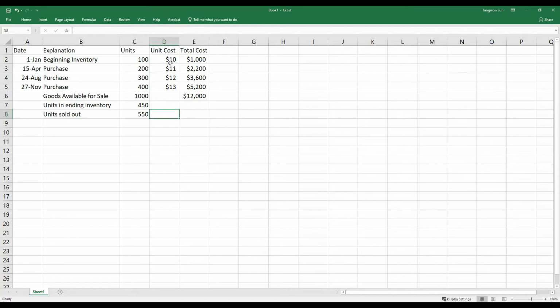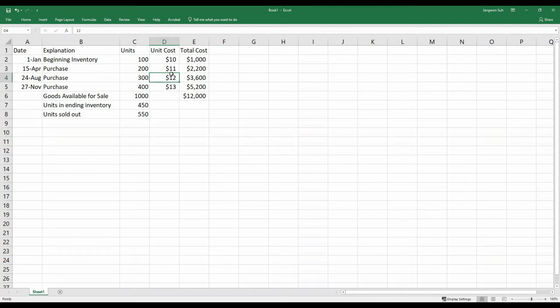Maybe a number in between, right? That is an idea. You may say that we should use a number in between these two, like the middle point between beginning and ending, which is around 12.5. That's an idea, right? Accounting is not something like a law of physics or natural science.